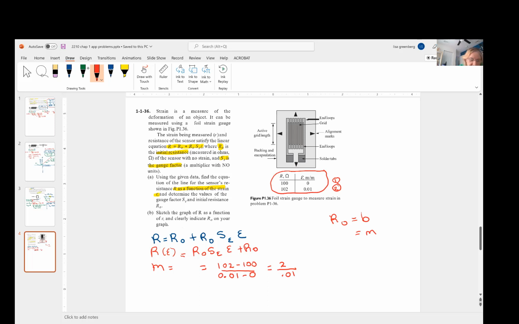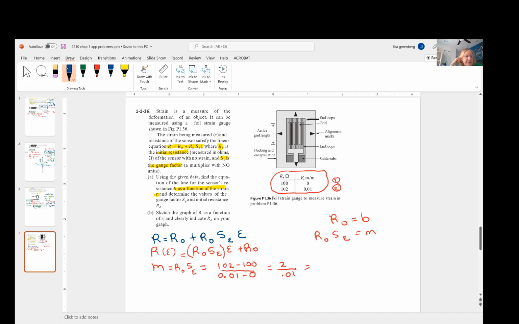Now, this whole thing right here is the number that's in front of my epsilon, isn't it? And since that's the number that's in front of my epsilon, that is the slope. So the slope is actually the initial R times S sub epsilon.